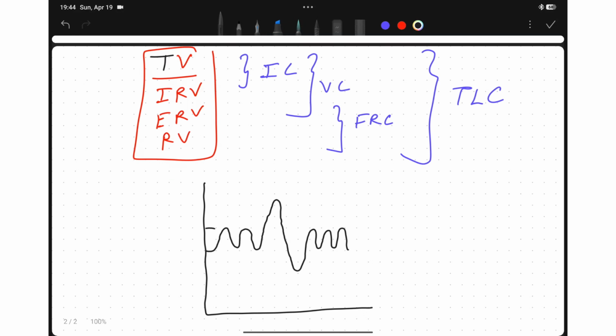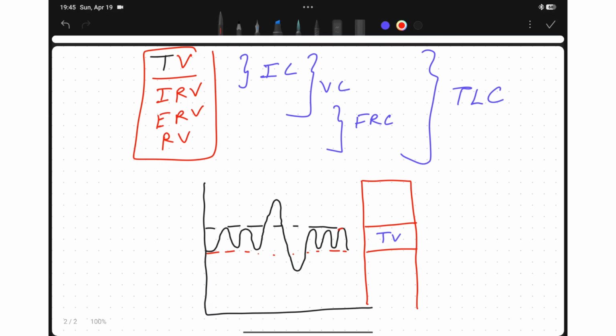So basically, this part, or we can say this range, is all about tidal volume, the normal amount of air you breathe in during normal breathing or respiration.